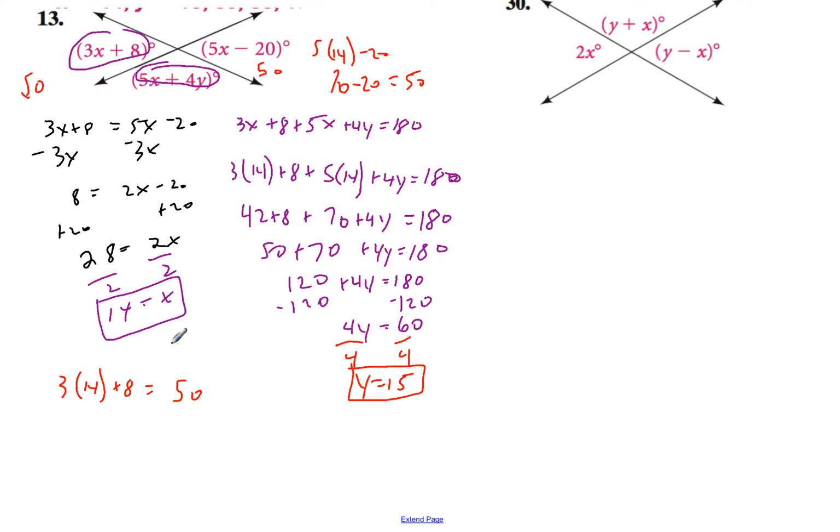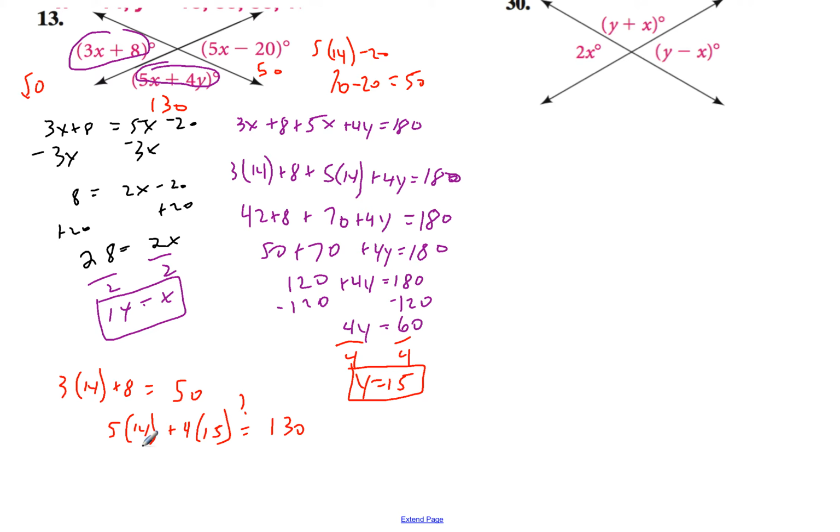Let's take a look. So is 5 times 14 plus 4 times 15 equal to 130, right? I'm saying this needs to be 130 degrees. Let's see.